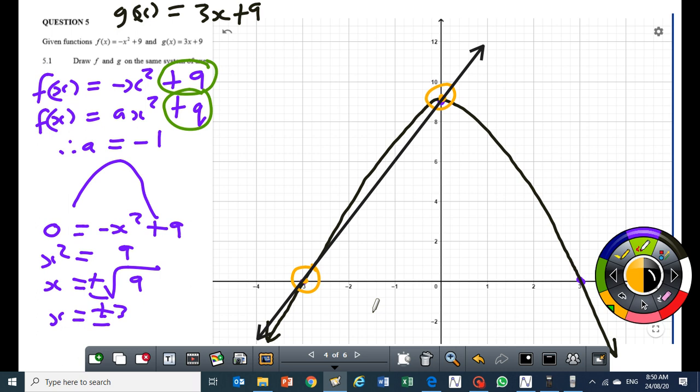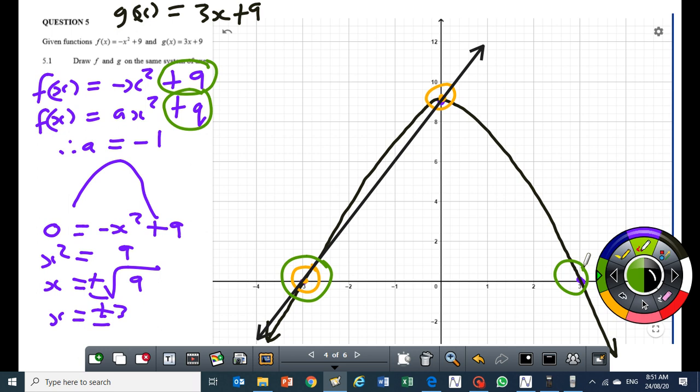So, which 2 points are key to determine the solution? It's the x-intercepts. Between the x-intercepts, the y values above the x-axis are positive. The y values below the x-axis are negative.